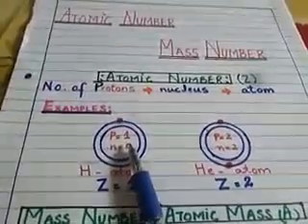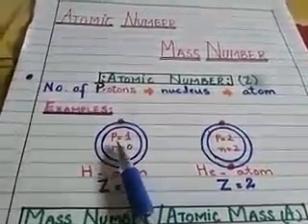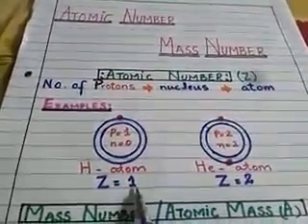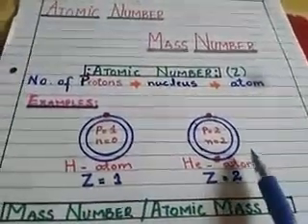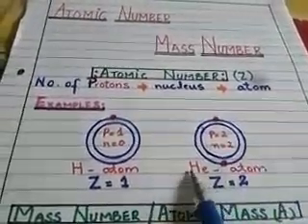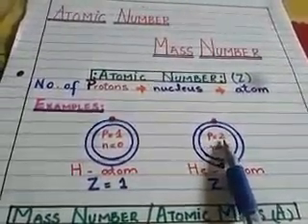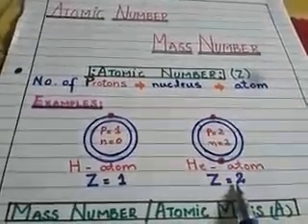So by looking at the atomic structure of this hydrogen atom, we can see that there is only one proton, so we can say that the atomic number of hydrogen atom is 1, which is represented by the alphabet Z. Similarly, the second example is of helium atom, and you can see that there are 2 protons in helium atom. So we can see that its atomic number is 2.